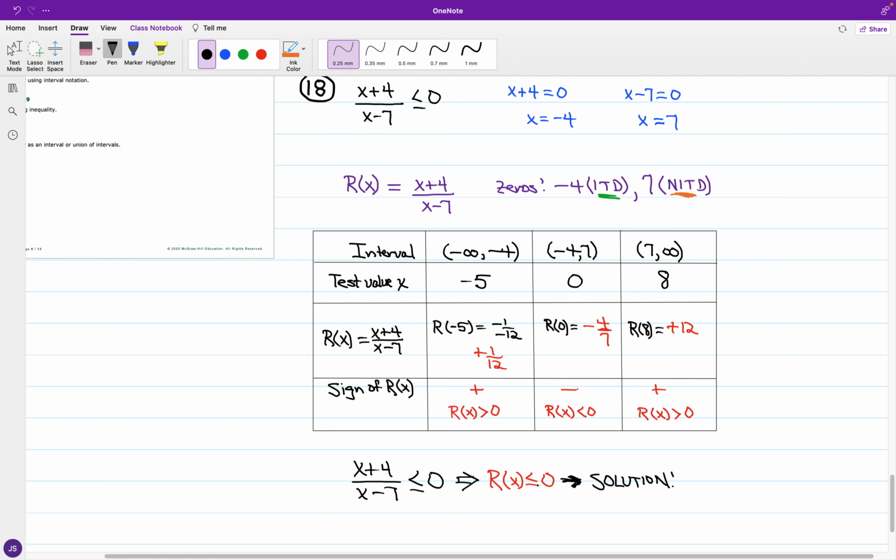And in the case of the solution, we have r of x to be less than 0, same direction. We're involving the limit values, -4 and 7.